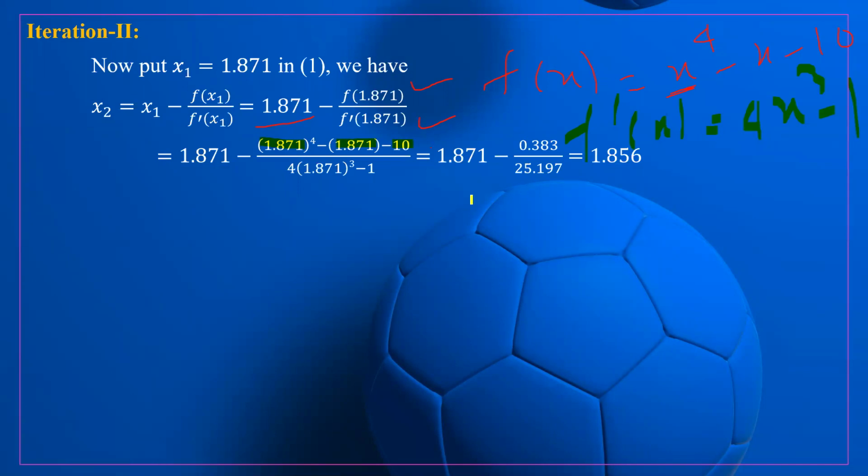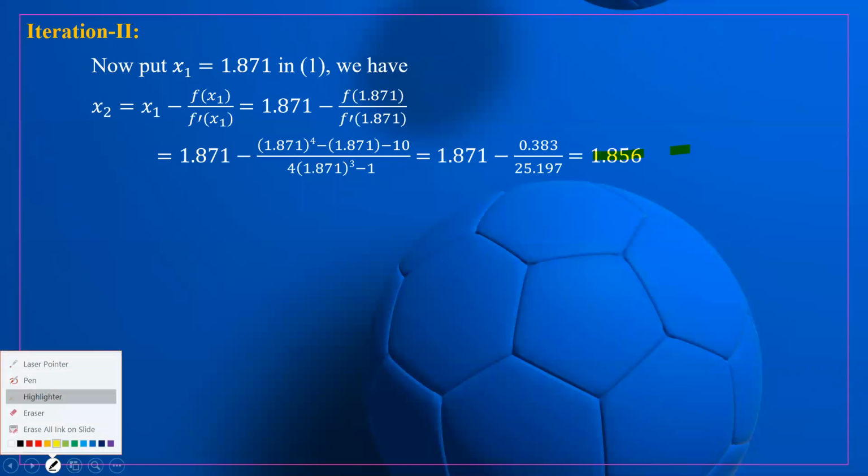So here it is 4 times 1.871 whole to the power 3 minus 1. If we simplify this part with the help of a calculator, because it cannot be solved manually, everybody has a calculator, you can try to find its value. Its answer is 0.383 divided by 25.197. And again, if we simplify this part, we are getting 1.856. Okay, so now this is our x2.